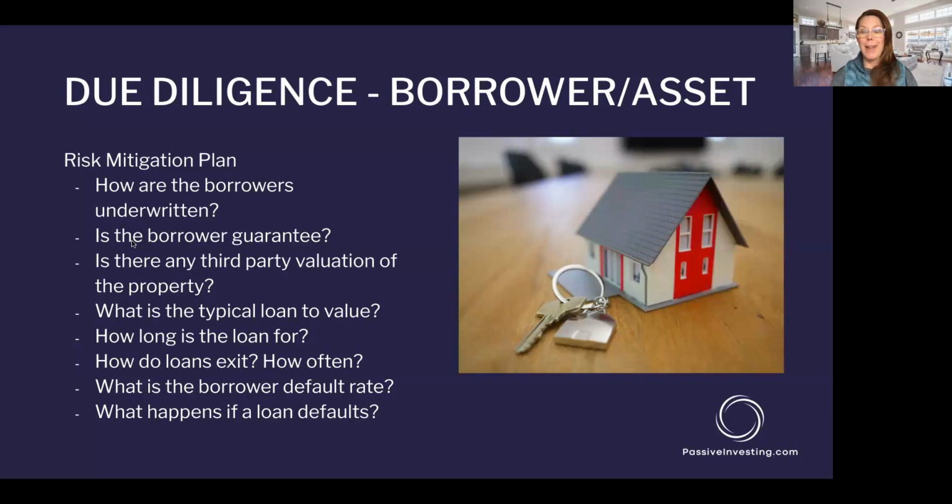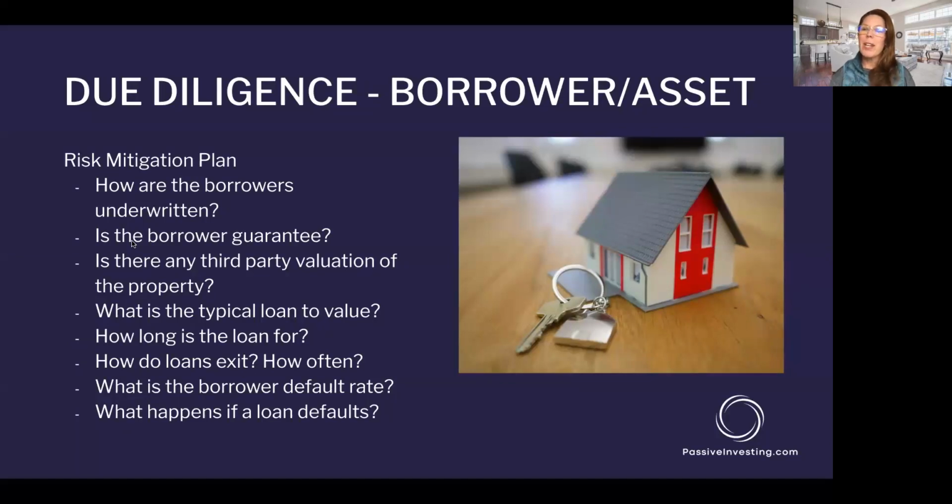How do loans exit? How often? What is the borrower default rate? I like looking for lenders that have experience from before the Great Recession. They've been through some really deep, tragic times in 2008, 9, 10, and 11, dealing with taking properties back.